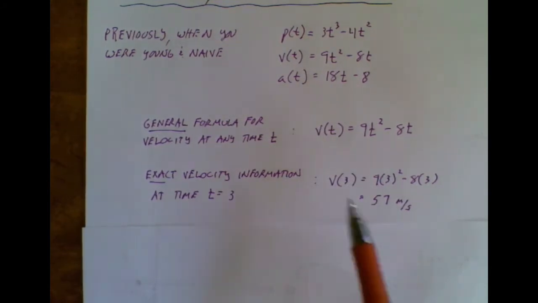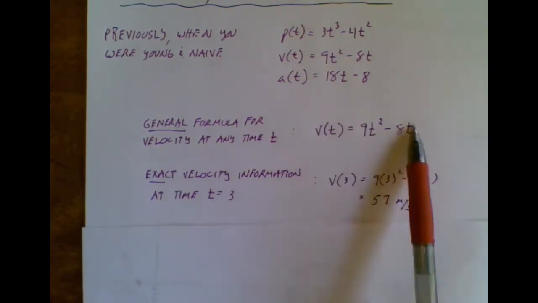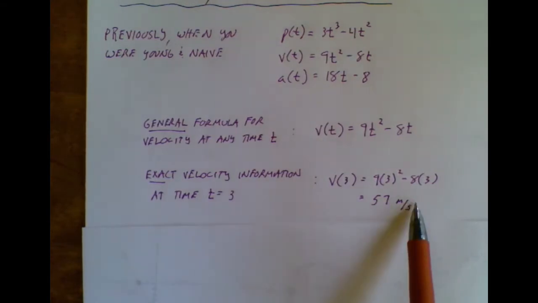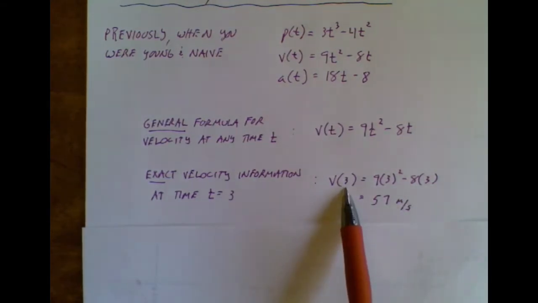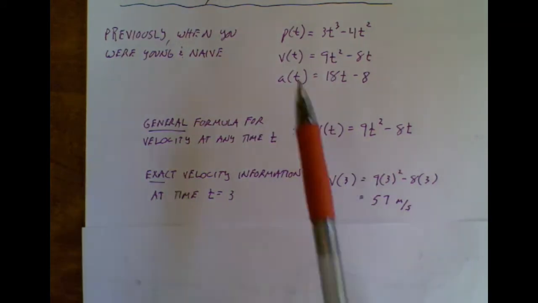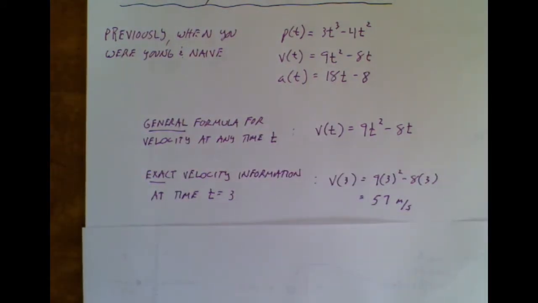So keep in mind that we had a general velocity equation, and then we had a specific velocity value for a specific time. And we could do these same things with position or acceleration.